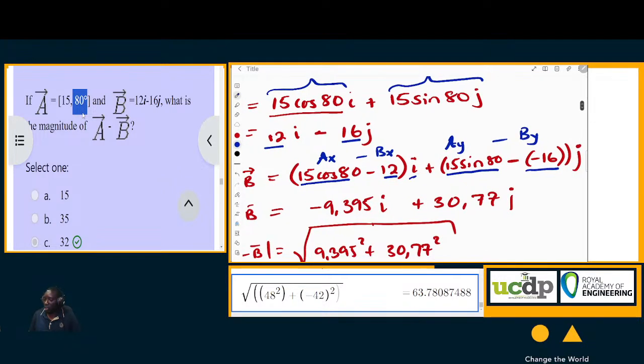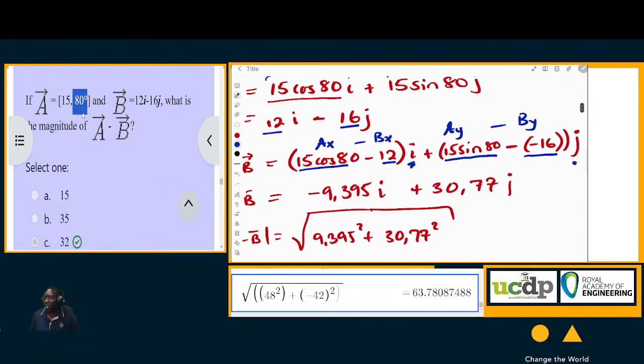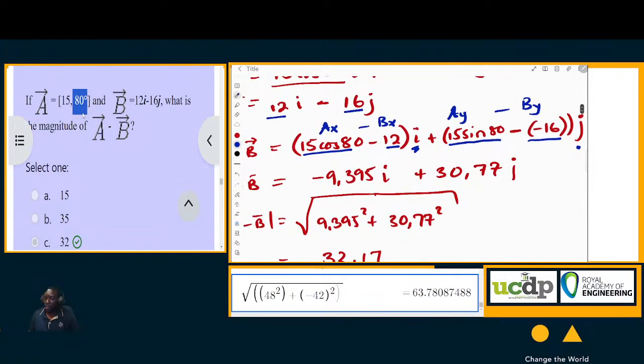So the x components together, the y components together. So when we do that, evaluating your cos 80 gives you got 26.93. Where did you have it different from what I have here?